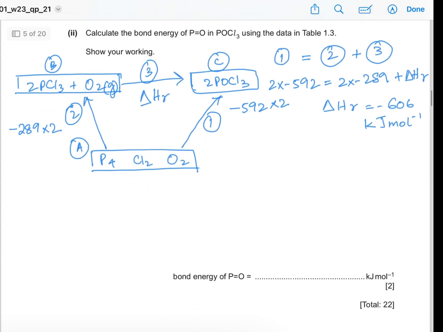You'll also notice whenever a question requires you to find out the bond energies of either the reactant or the product, you are almost always given the enthalpy change of reaction for that particular reaction. And if you are not given that, you will need to find it, which is why we used the Hess cycle here.